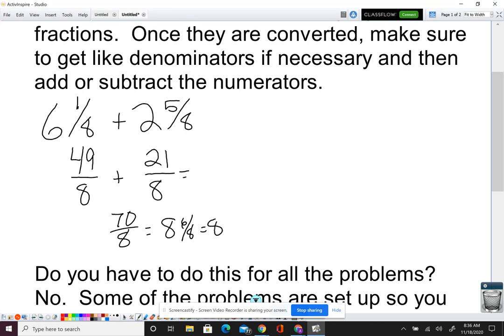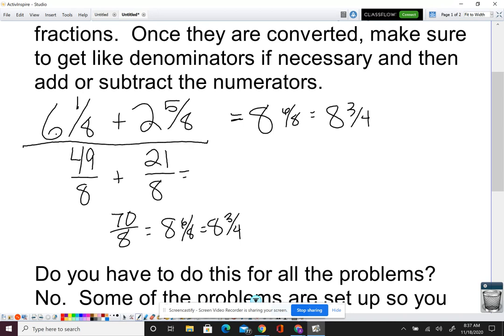And some of you are saying, why did we go through all of that when we could have looked up here and said 6 and 2 is equal to 8, 1/8 plus 5/8 is 6/8, and reduce that down to 8 3/4. In this case, it's all right to do it this way.